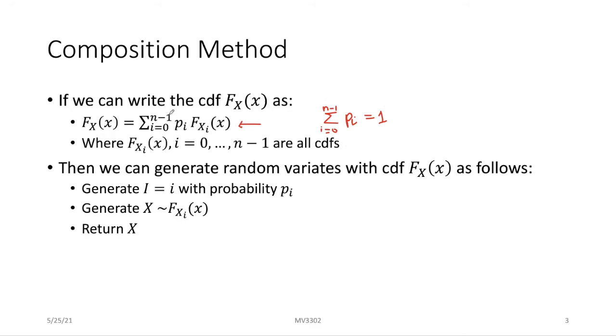So this is a weighted sum, but the weights are all probabilities. We assume that we can generate from each of these because they're simpler. So now what we do is we need 2 random variables. First we generate a random index I.